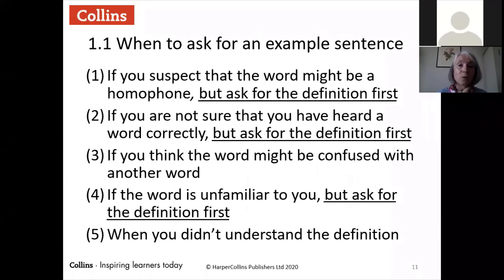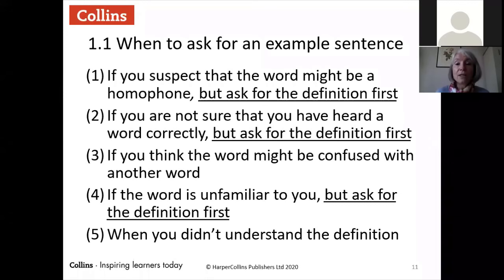Asking for an example sentence can also be helpful, but I always recommend asking for the definition first because there is more help in the definition than in the example sentence. Sometimes if you ask for the definition, if it's a homophone, it will always be helpful. If you're not sure you've heard the word correctly, an example can be helpful, but the definition is probably your go-to question.